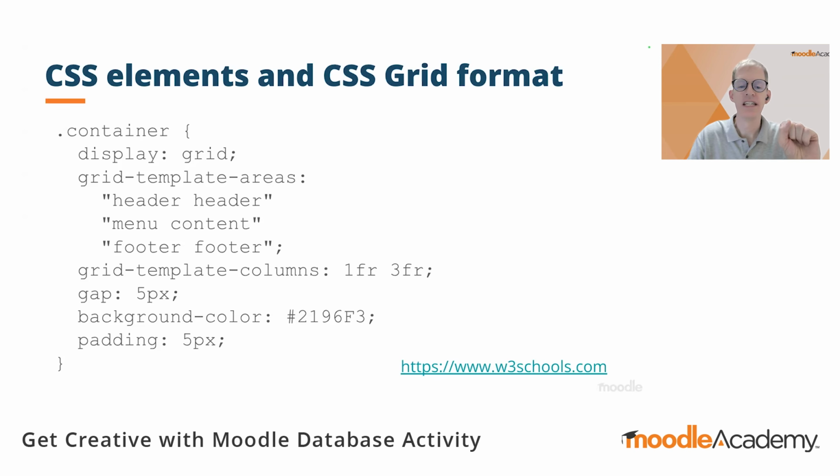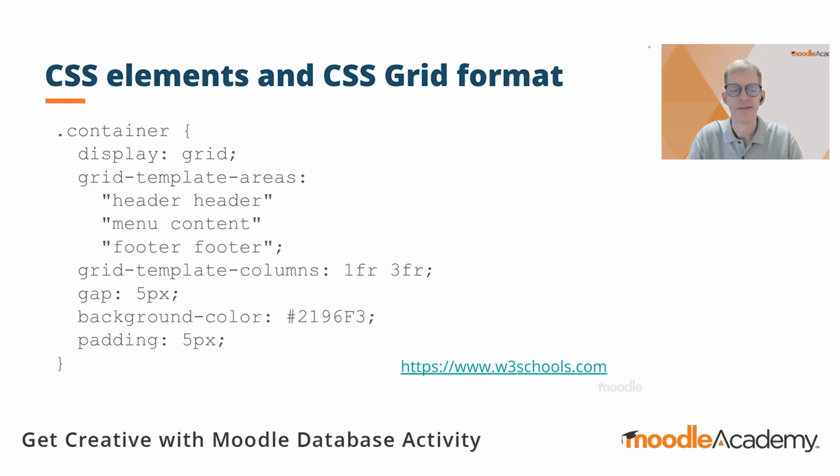So when you need to change a style throughout a website, oftentimes a change to one CSS element will be all that it takes to make that change. The CSS grid layout module is a part of CSS, and it offers a grid-based layout system with rows and columns, much like a table, but without the restrictions of tables.